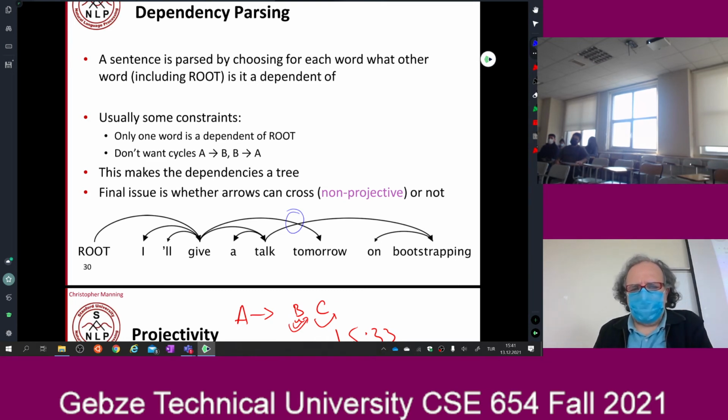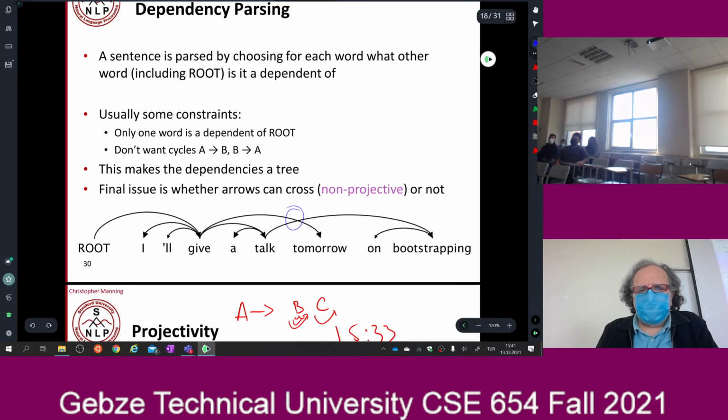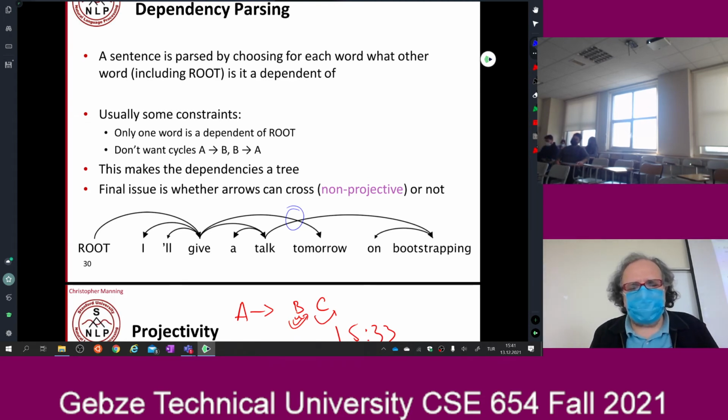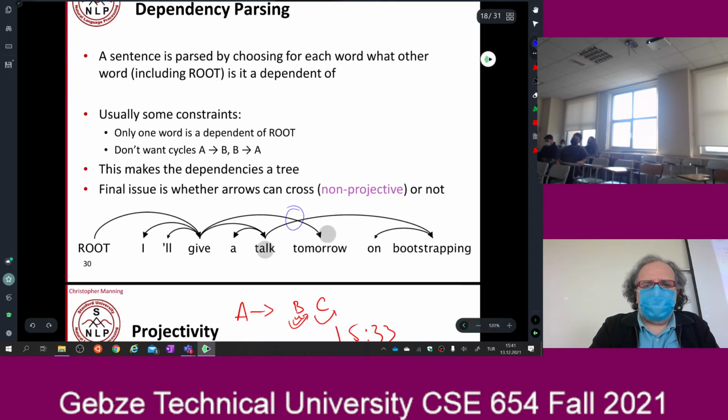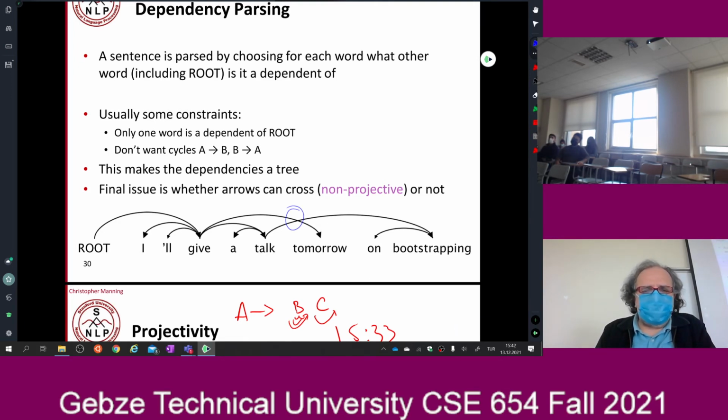In fact, the only algorithm that I'm going to show you today cannot produce these kind of crossing, intersecting arrows between the dependency relationships. These kind of dependency parsing systems are called projective. If there are no intersecting arrows, then it is called projective.